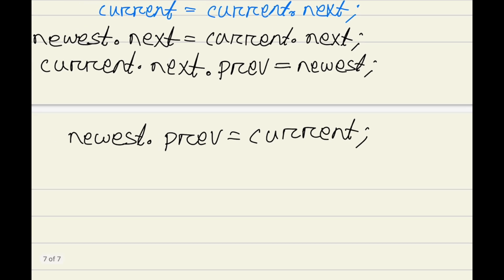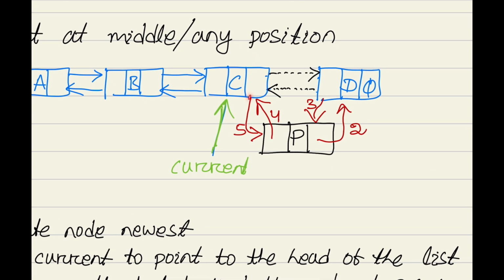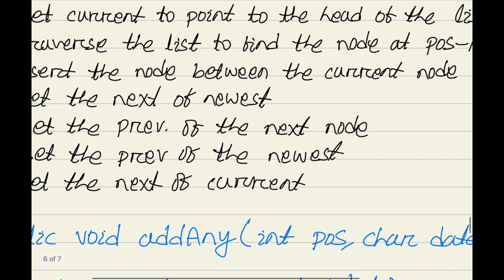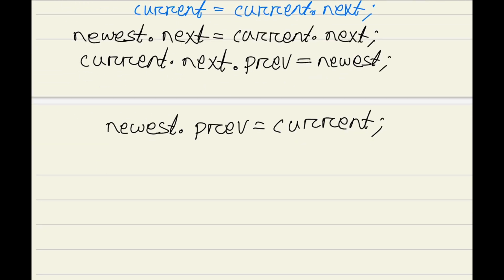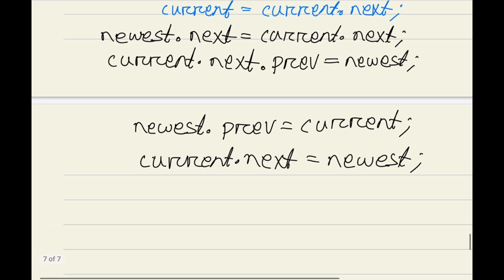Now another thing we want to update, that is step 5. What is step 5? The next of C. Next of C means the next of current. So what is the next of current? The next of current will be the new node. So here we can write current dot next equal to newest.